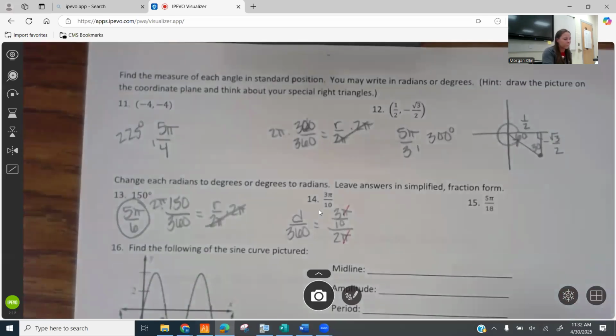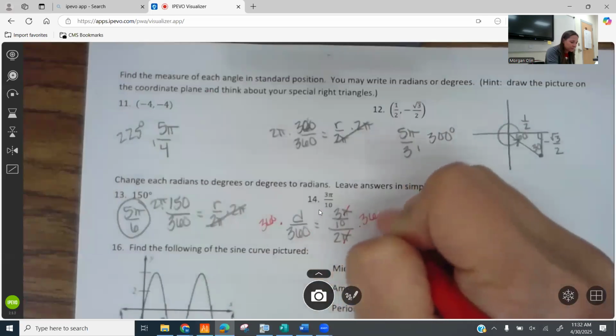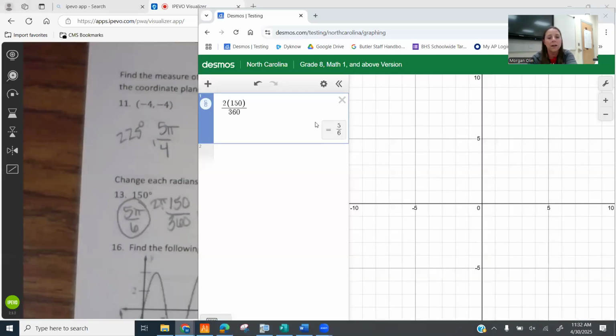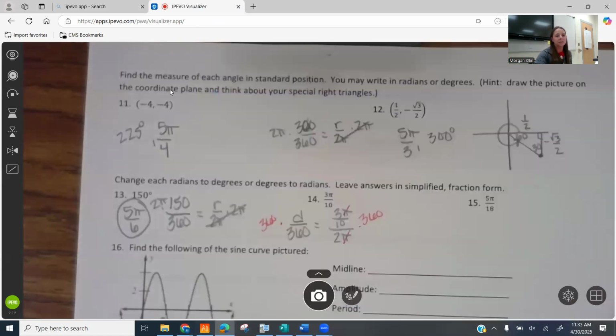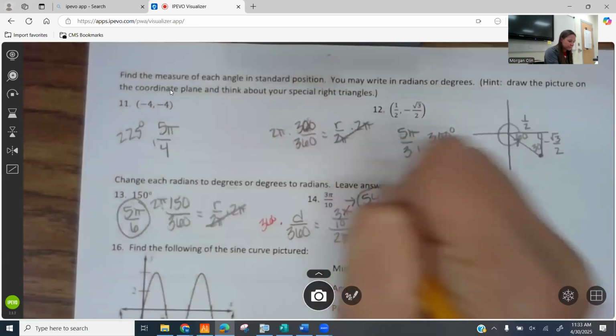And to solve for the degrees, if you just multiply each side by 360, I take 3/10, that's divided by 2, then multiply this by 360, I get 54. So what that means is, the pi is divided out, so I don't even need that anymore. This is the same as 54 degrees.